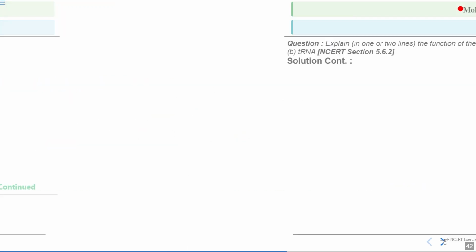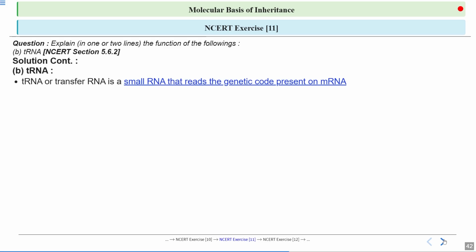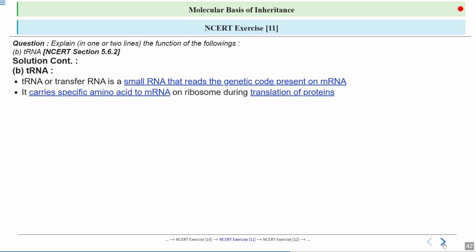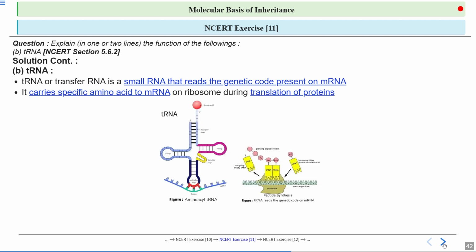Now, next we come to tRNA. What is a tRNA? tRNA, also known as transfer RNA, is an adapter molecule, a small RNA that reads the genetic code present on mRNA. It carries the specific amino acid to the mRNA on the ribosome during translation of protein. So what is the function of this tRNA?